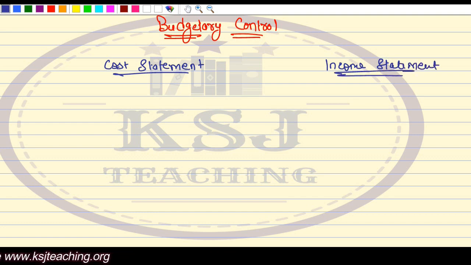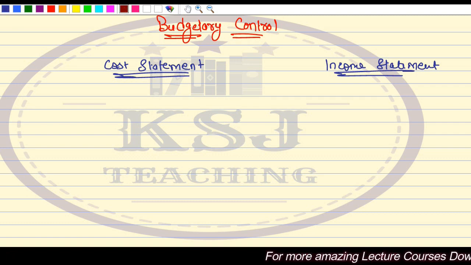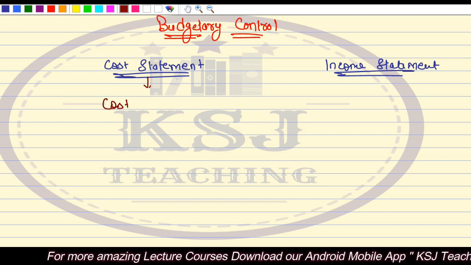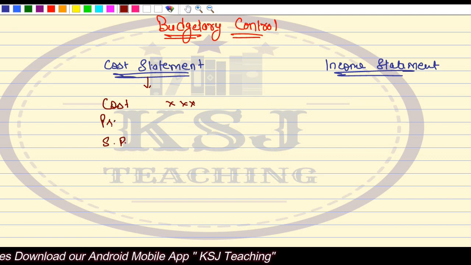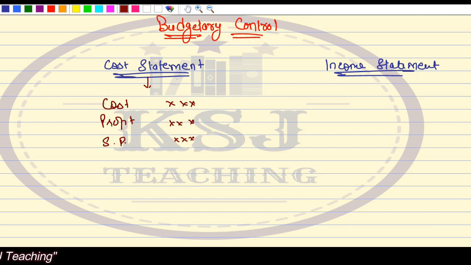There is not a major difference in these two. The purpose of these two is the same. The difference is that whenever we talk about the cost statement, we start with the cost, right? All the cost we note down, then the selling price, and then here we show the profit. This is the format of the cost statement as we have done in the chapter of cost sheet. That is a cost statement.